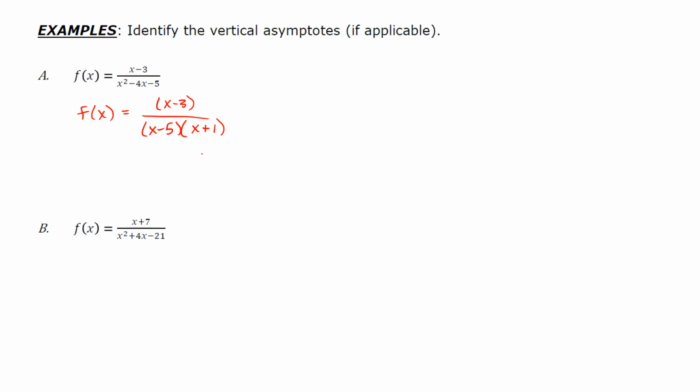So we have no common factors in the numerator and denominator, so we can set our factors in the denominator to 0, giving us our vertical asymptotes, x equals 5 and x equals negative 1.